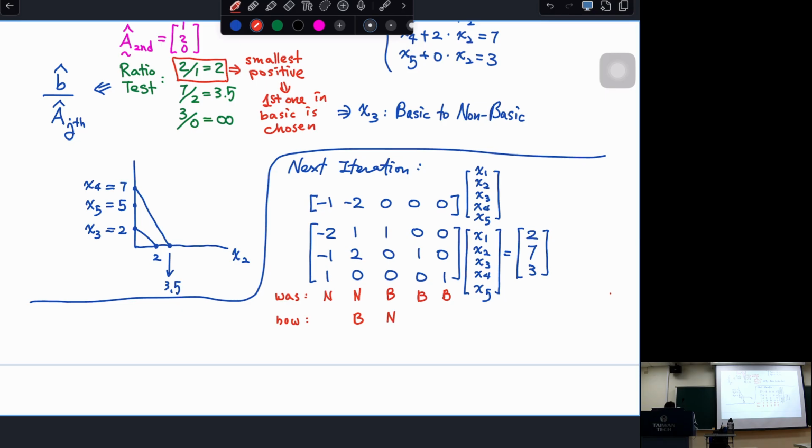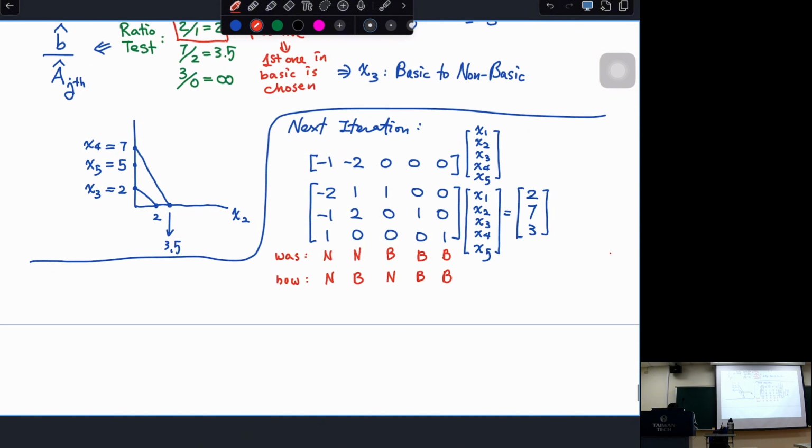So in this new iteration, this column and this column, they are non-basic. And this column and these two columns, they are basic.